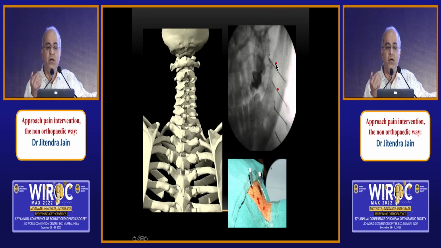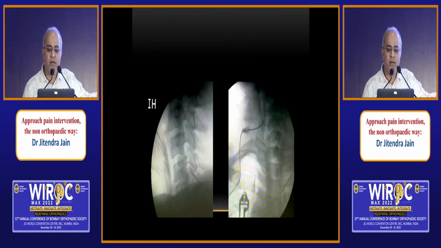You start 1.5 centimeter below and 1.5 centimeter lateral, so that you go obliquely in the direction, so that you're parallel to the nerve when you're considering radiofrequency ablation. Because I want my needle to be parallel to the median branch so that I get maximum of the median branch when I'm doing the radiofrequency ablation. You can see it over here. The needle is here.